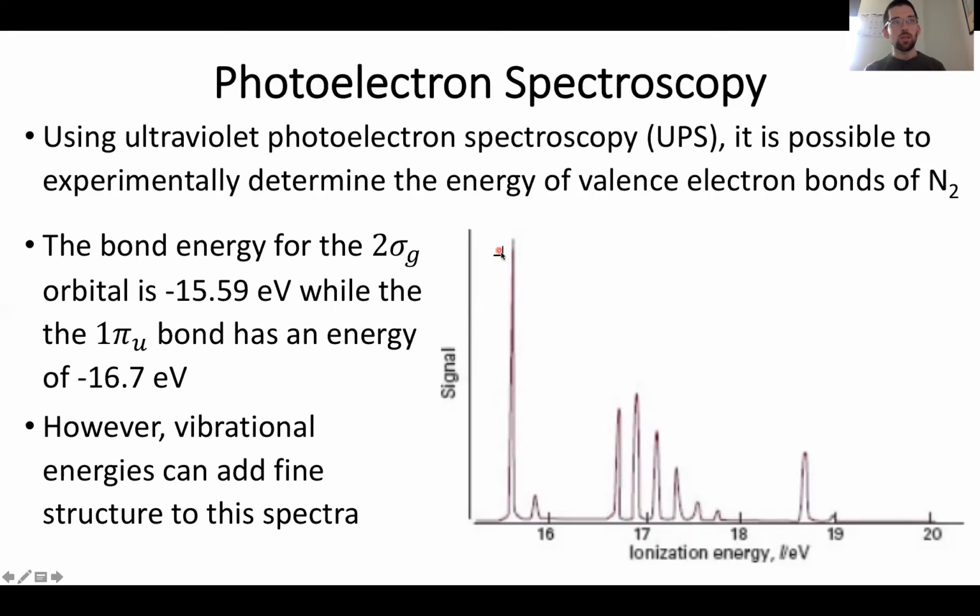Again, this first lead peak is telling me all about the ionization energy of the bonding or anti-bonding orbital that I care about. The rest of these peaks are going to tell me a lot about the vibrational structure. So if you want to figure out the orbital energies, look at the first guy.